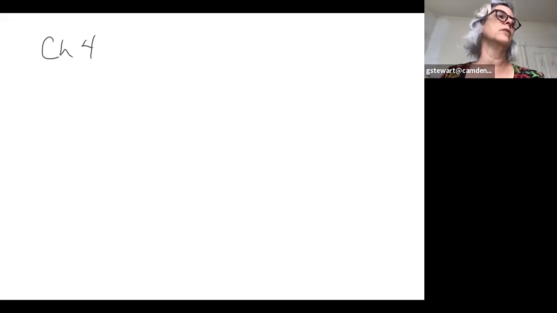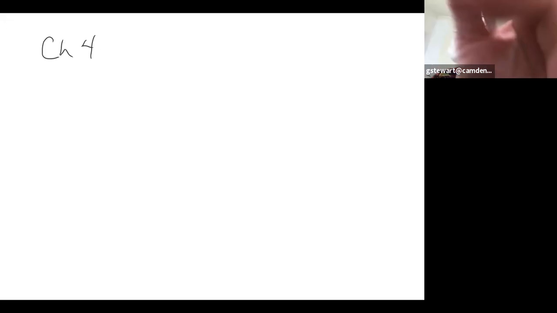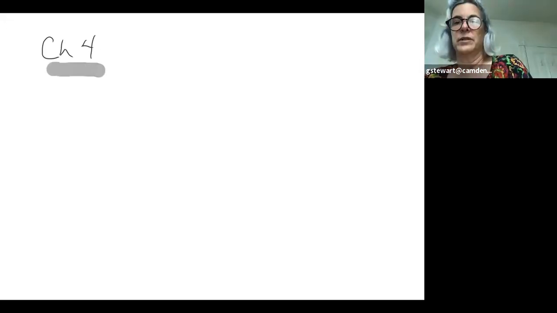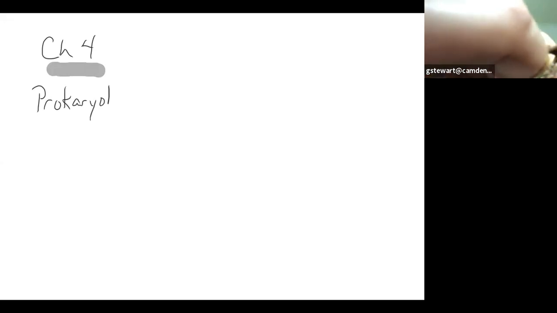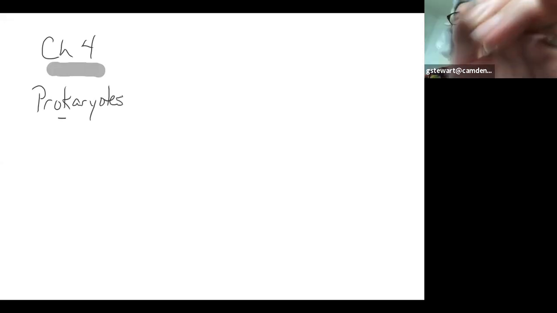All right, so first off, I think it's really important at this juncture for us to be really clear about what we're talking about. We are talking about prokaryotic cells, or prokaryotes.